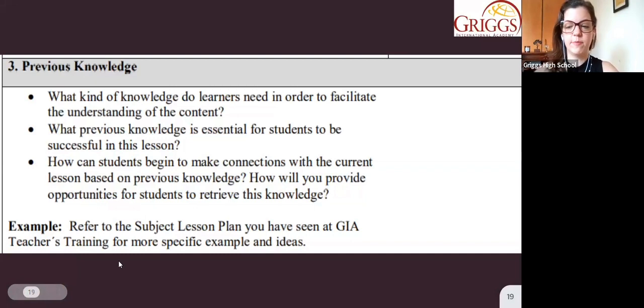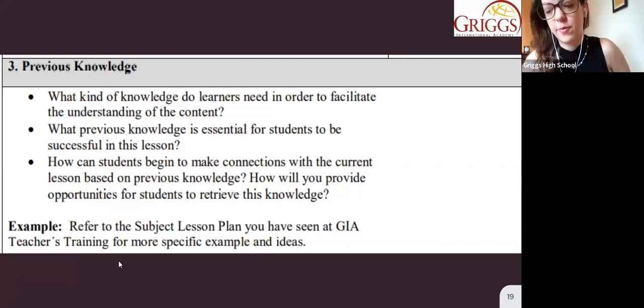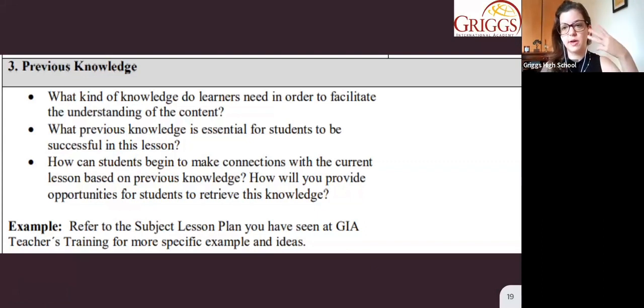Okay, then we have previous knowledge. Previous knowledge is, what do the students already know that is going to help them produce in this class? Previous knowledge can, in my opinion, come from 3 different places. First place, the student's life in general.